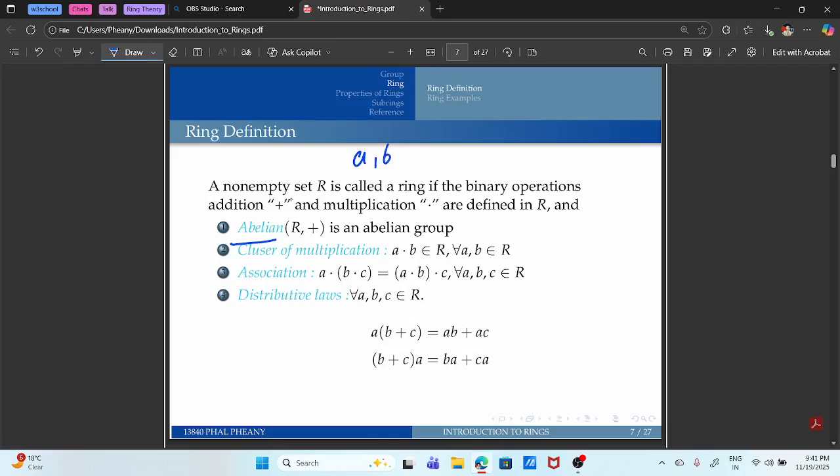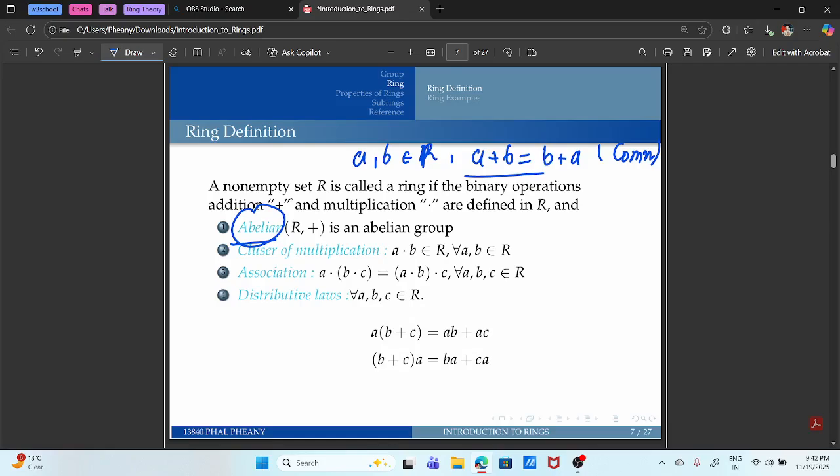Suppose we have A, B belong to R. Then R is an abelian group if we can write A plus B is equal to B plus A. This is called the commutative law. If the commutative law holds in R, then we can say R is an abelian group.